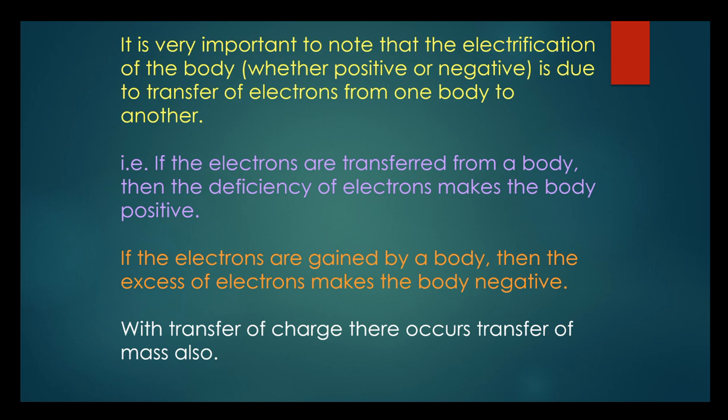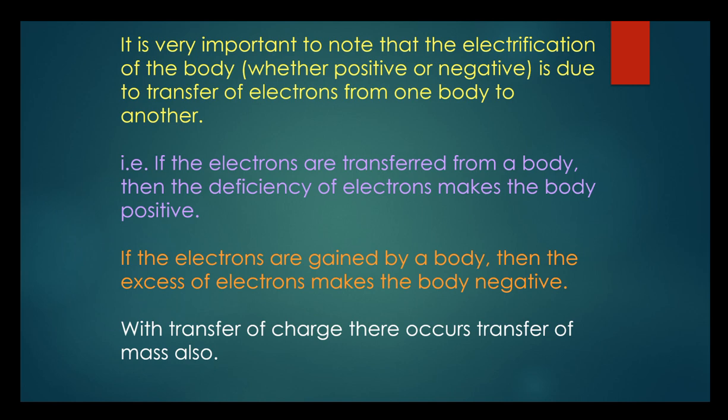This is also a very important point to remember. When electrons are transferred from one body to another body, there is transfer of mass also. So if a body loses some electrons, it loses some mass also. So what do we conclude from here?